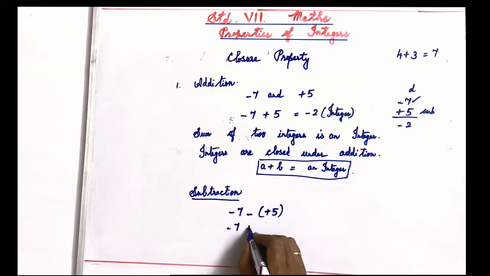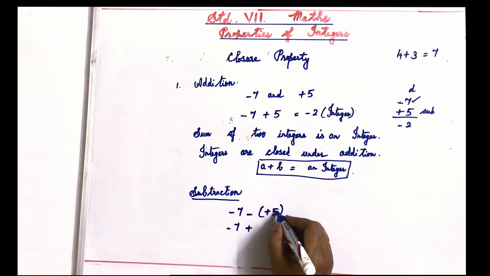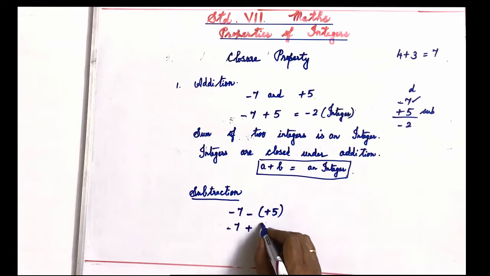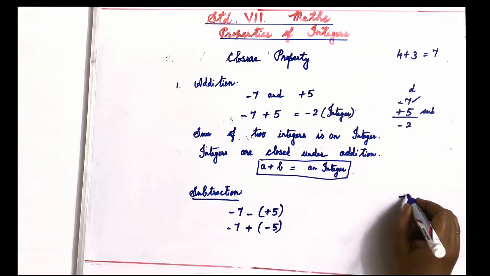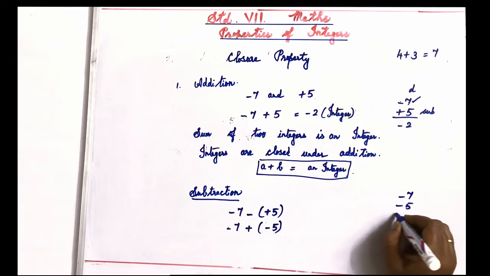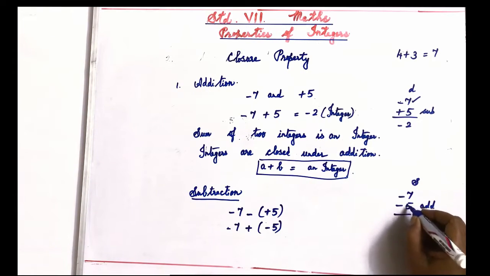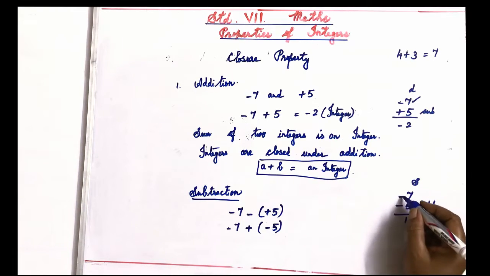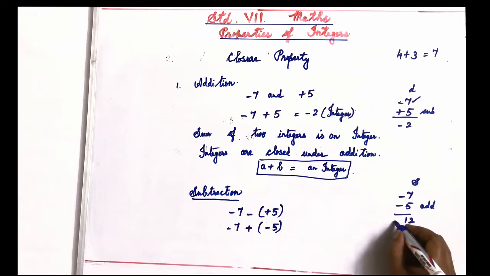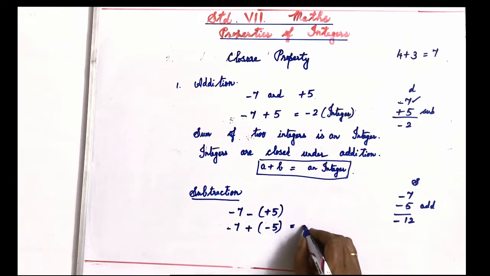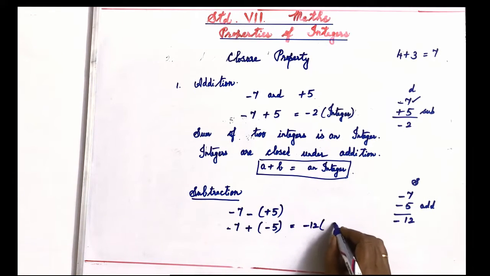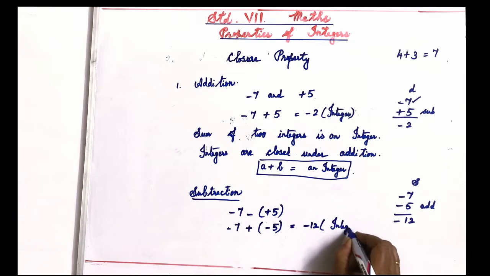Minus should be changed into plus, and for plus 5 we have to write the additive inverse. So this becomes minus 5. So minus 7, minus 5, both are the same sign, so we have to add here. 7 plus 5 is 12. When both minus signs are added, we should write the minus sign here. So this is minus 12.